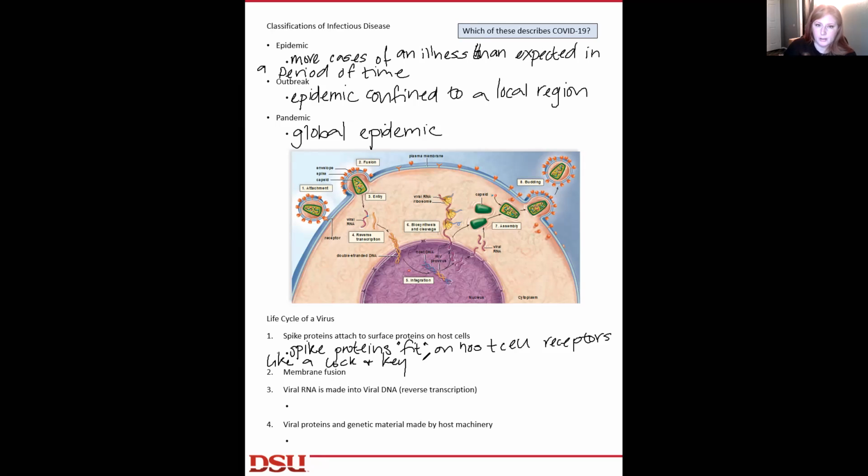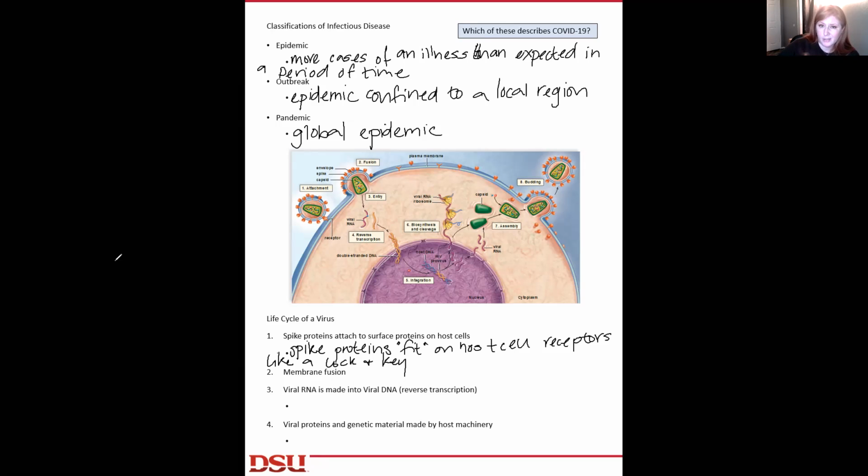This is one of the other reasons why, again, some people would like to have viruses be classified as living, because they're really specific. Viruses have the ability to infect a specific type of cell in the body. And they do that because the chemical shape of their spike proteins matches the chemical structure of receptor proteins on host cells.